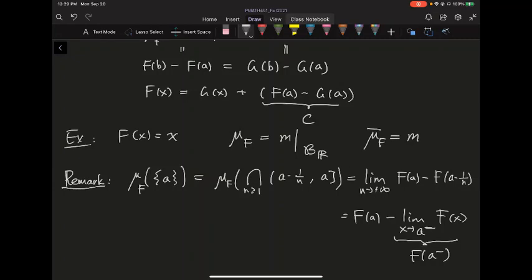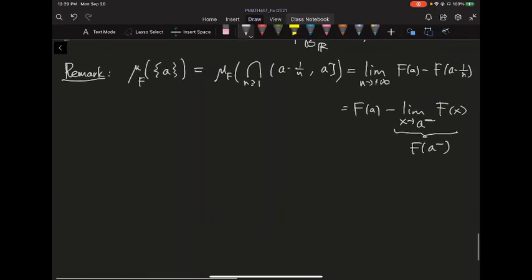As you can see, if your function is not left continuous, if it has a jump discontinuity, then f(a-) and f(a) are different, and this jump gives you the value of mu_f({a}).